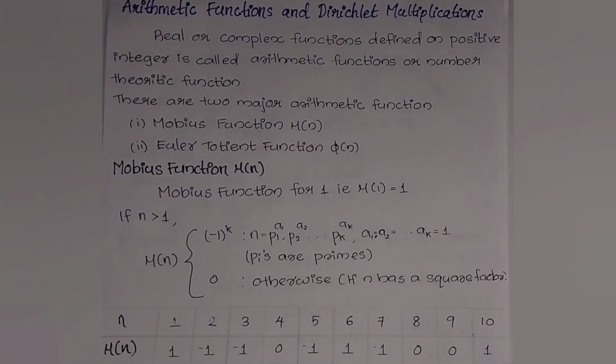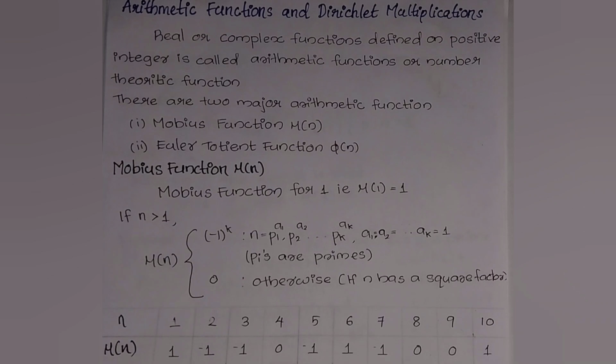The Mobius function mu of n is defined as mu of 1 equal to 1. What happens if n is greater than 1? If n is greater than 1, then we can write n as a product of prime factors: n is equal to p1 raised to a1 into p2 raised to a2 up to pk raised to ak, where a1, a2, ak are equal to 1.